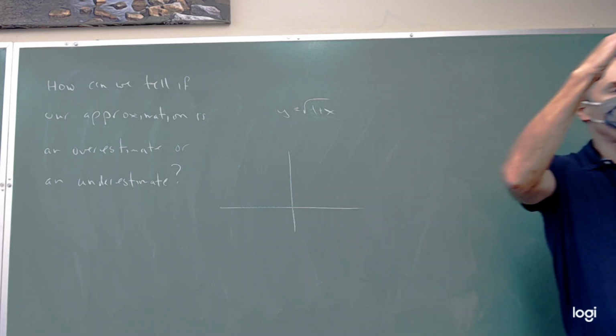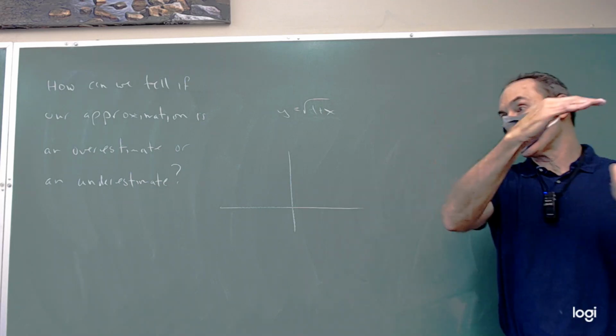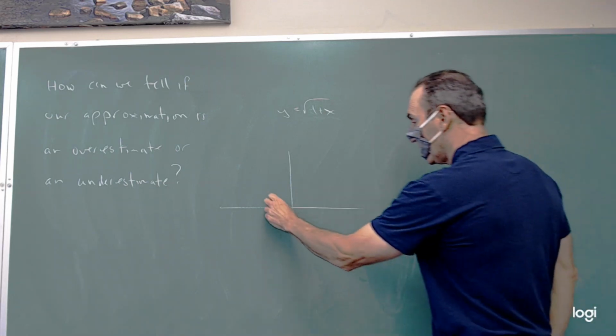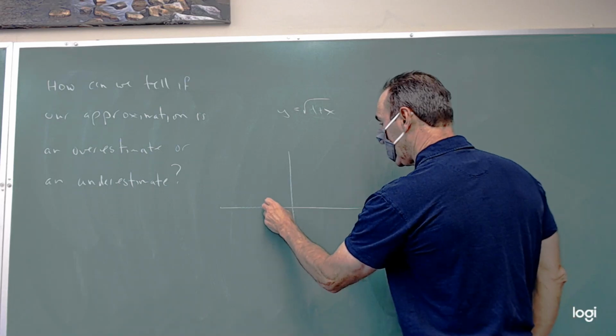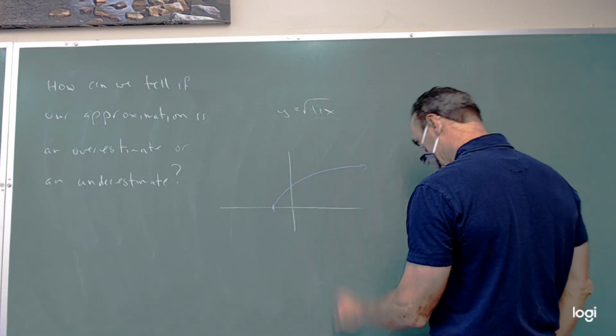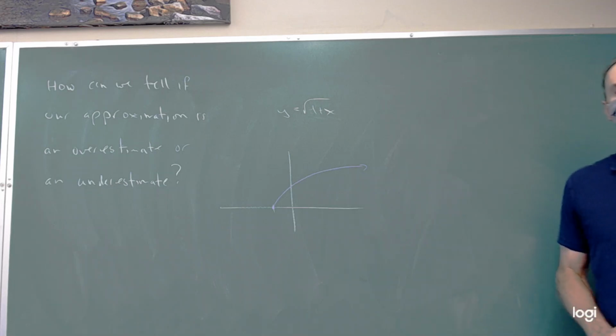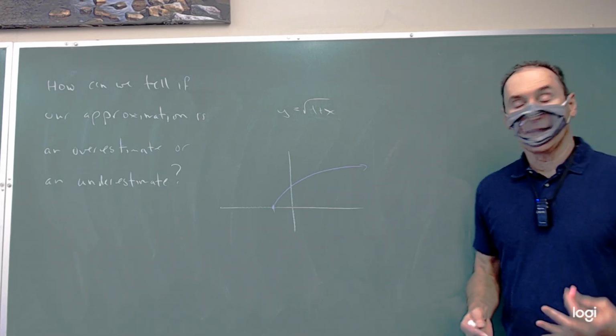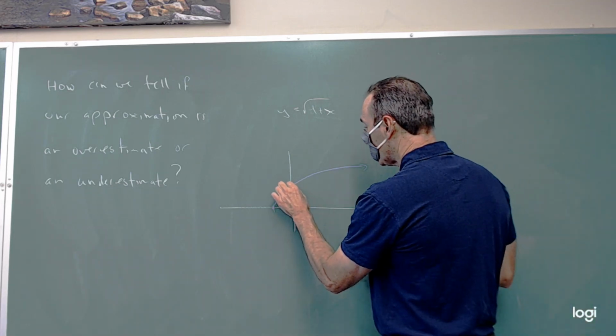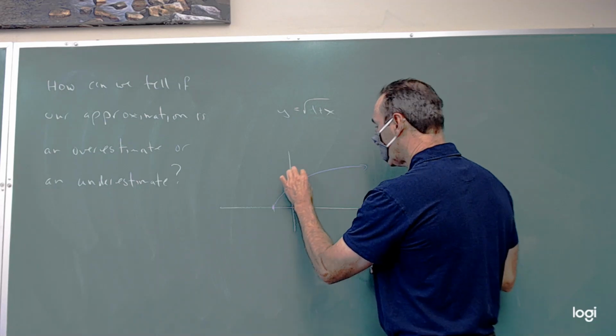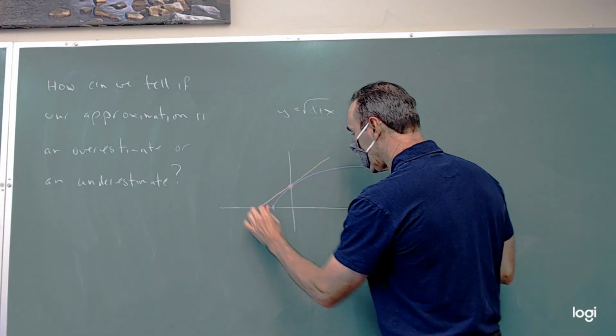Right? We know the square root of x function. x plus 1 is going to translate it 1 to the left. So it's going to look something like this. Okay? We found the tangent line at x equals 0. So here is what our tangent line looks like.